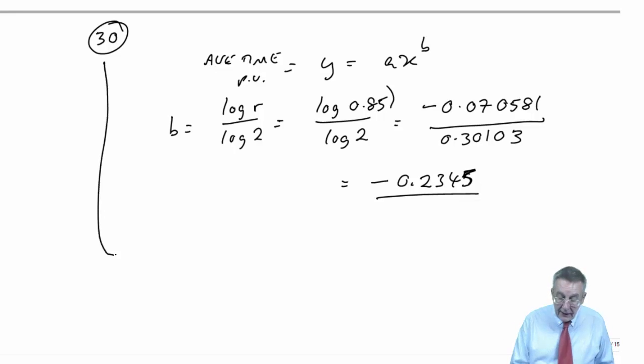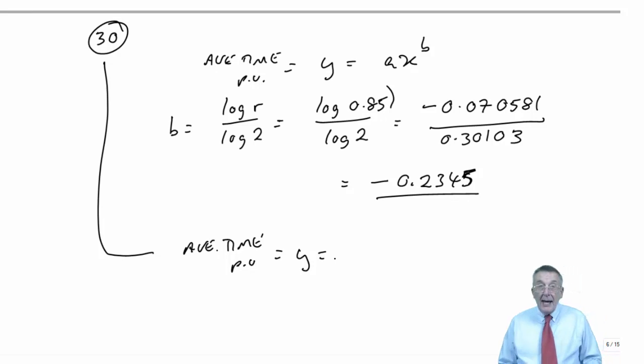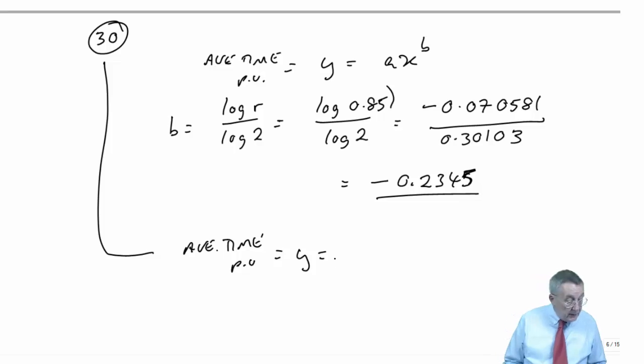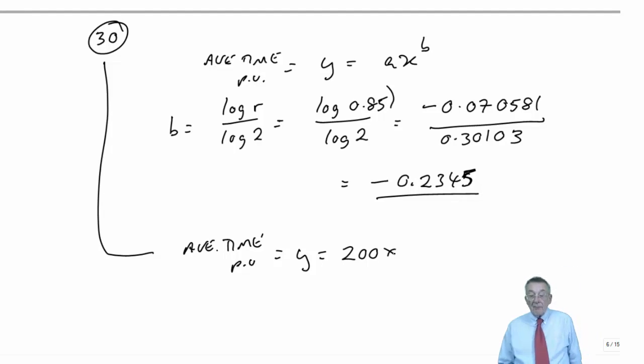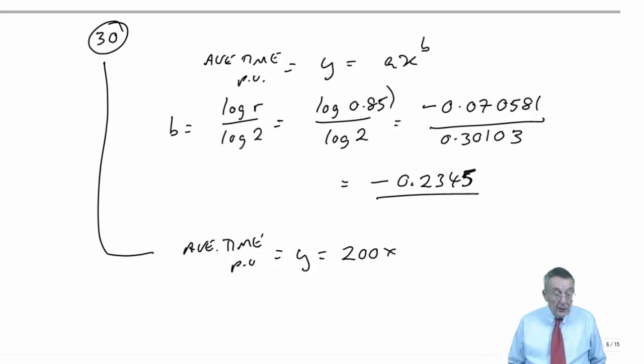And so, still on 30, the average time per unit, or y, a is the time for the first unit, which was 200 hours. X is the number of units, or here it's batches, same thing.